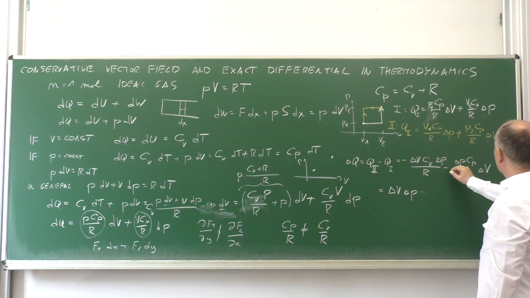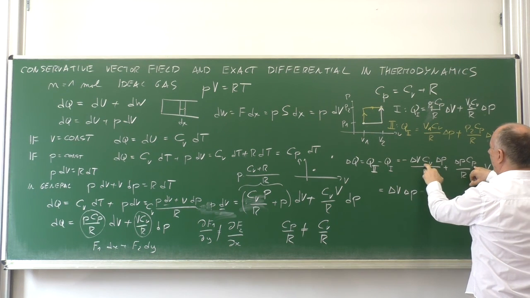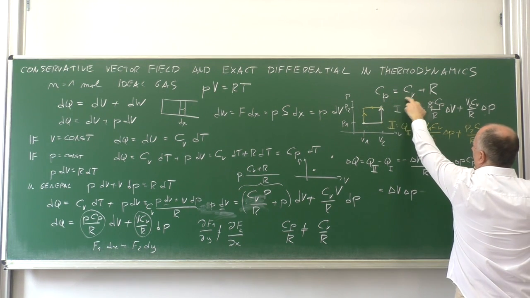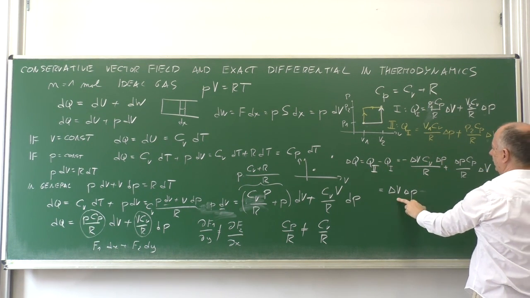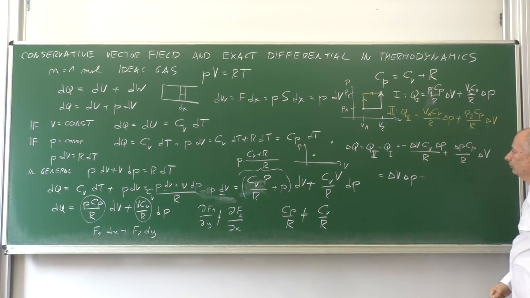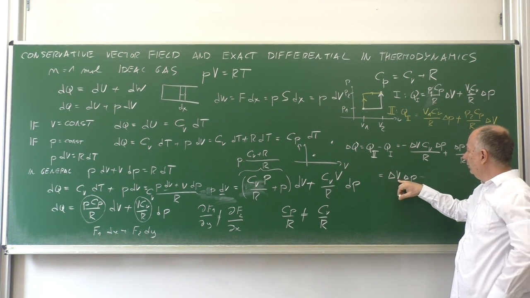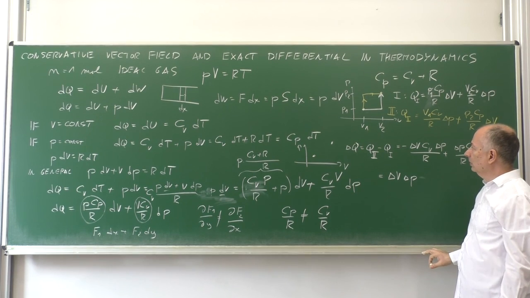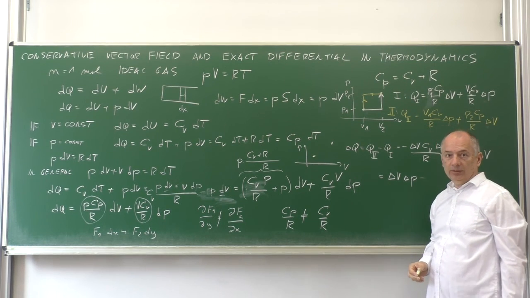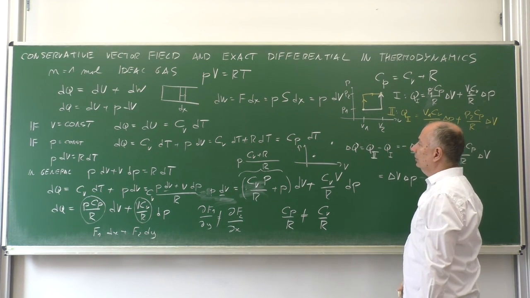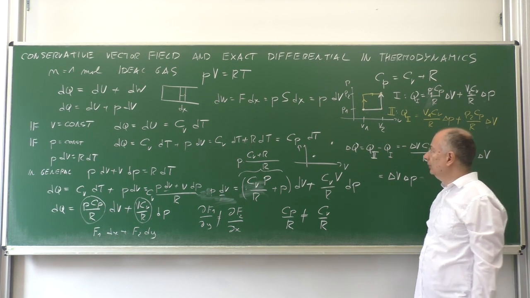Sorry, this is plus, and what we have is Cp minus Cv, but Cp minus Cv is R, divided by R is 1, and this is the result, which is non-zero when the volume changes and the pressure changes. So you see, this integral is not path independent. It depends on the path, whether you use the white one or the green one, or the yellow one.